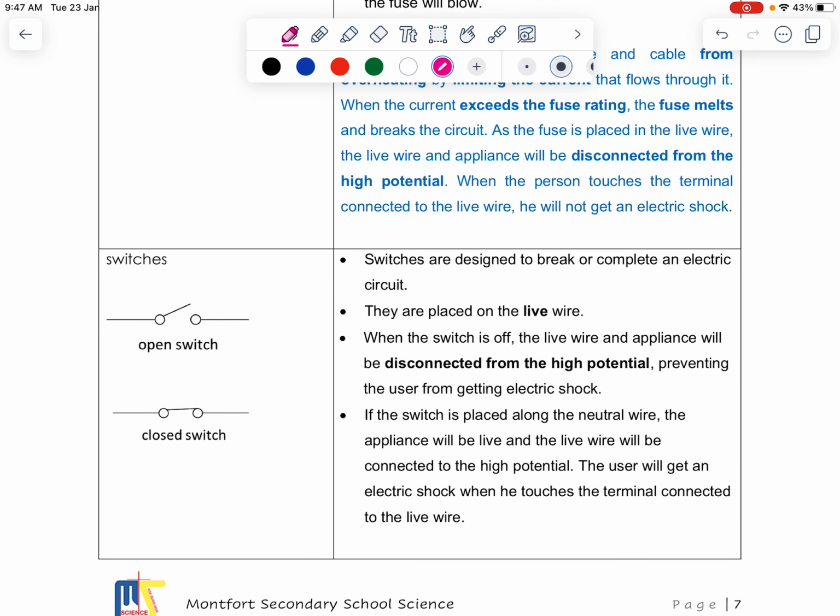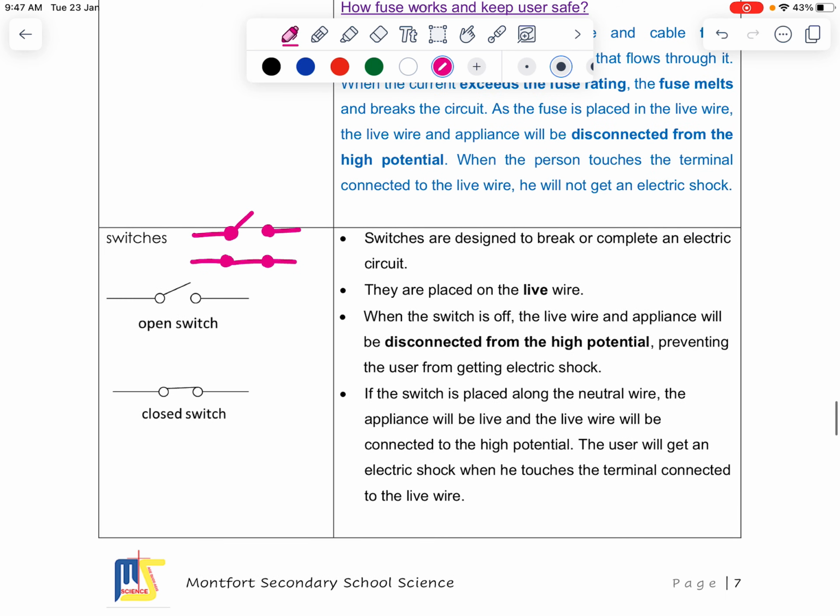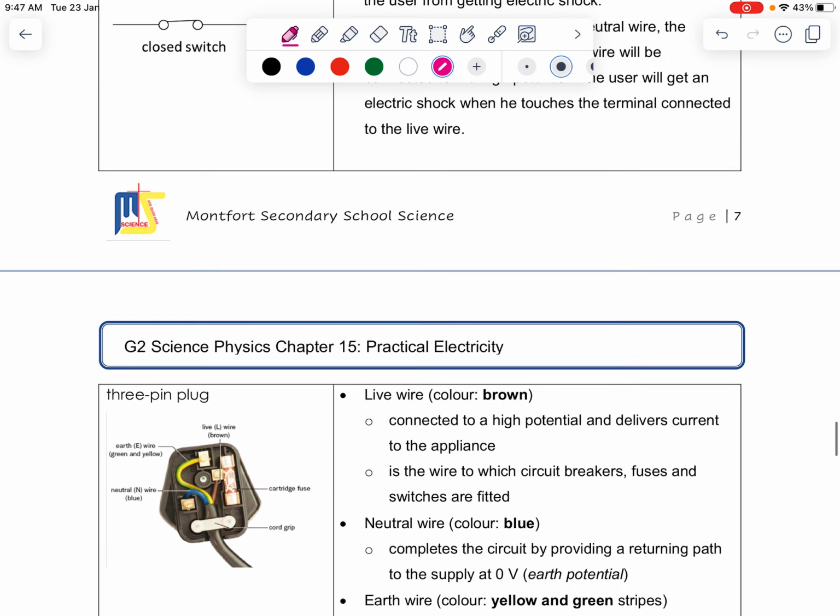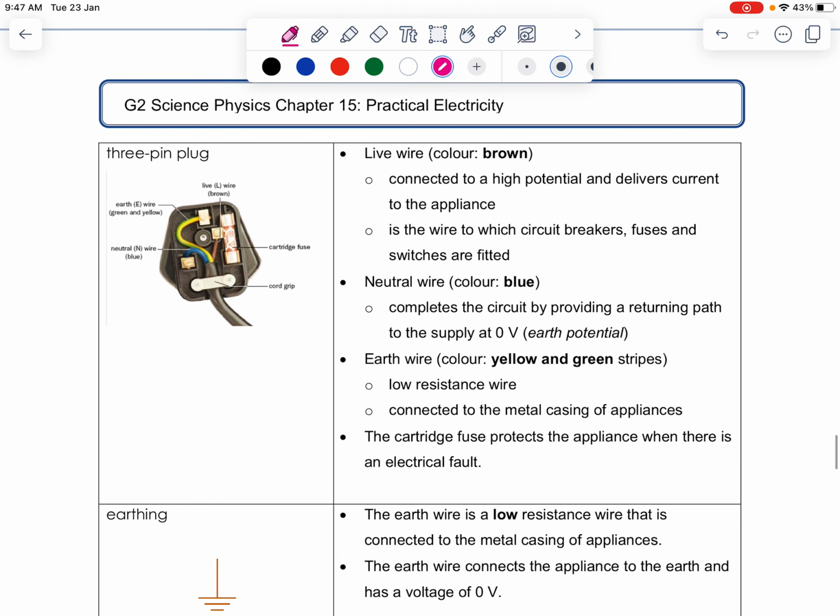Next, remember the circuit drawing for a closed switch, and this is an open switch. Similarly, the switches are always placed on the live wire. The 3-pin plug is very popular in Singapore because we follow the UK system.